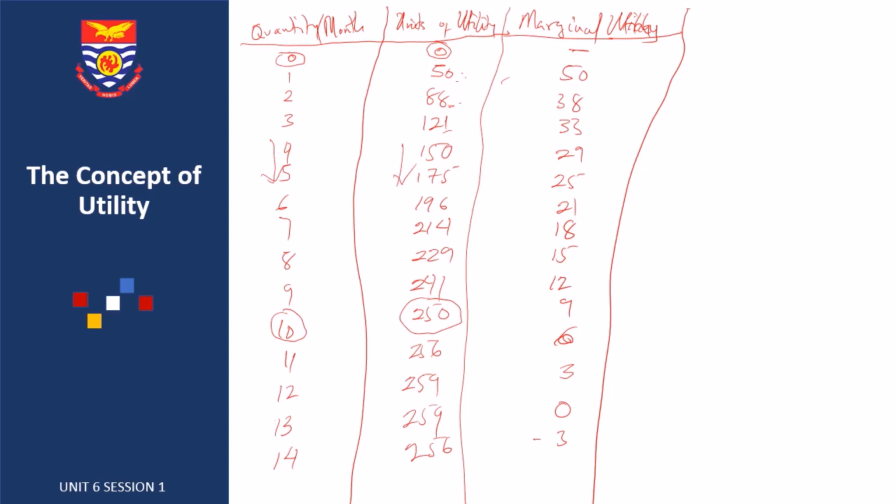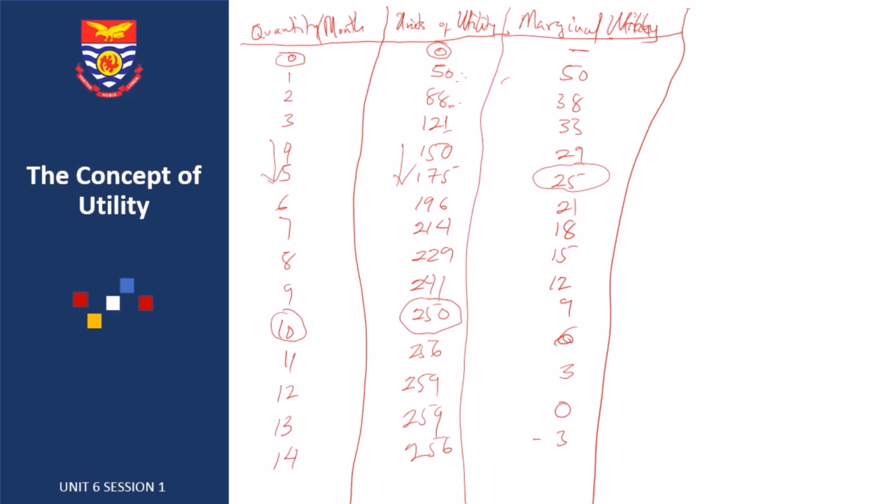So the marginal utility of Vero's fifth movie each month is 25 units. There is a change in consumption from 4 to 5 movies. How do we get the change? It's 175 minus 150. That was what led us to the 25 units of marginal utility. From this we can get another graph, so let me sketch a graph.